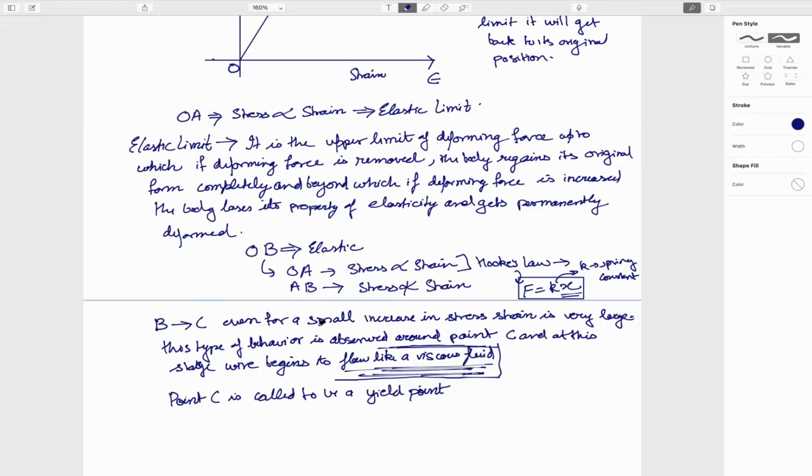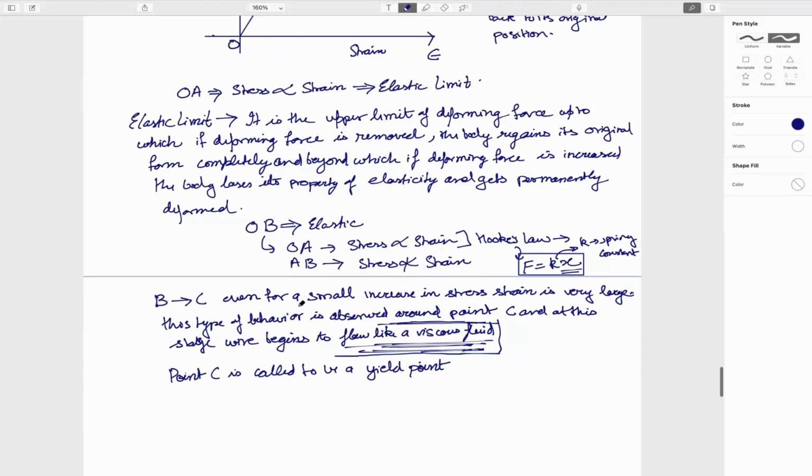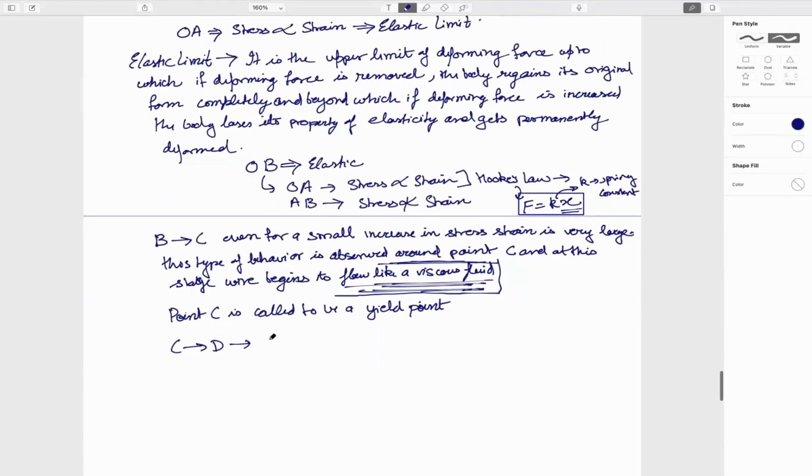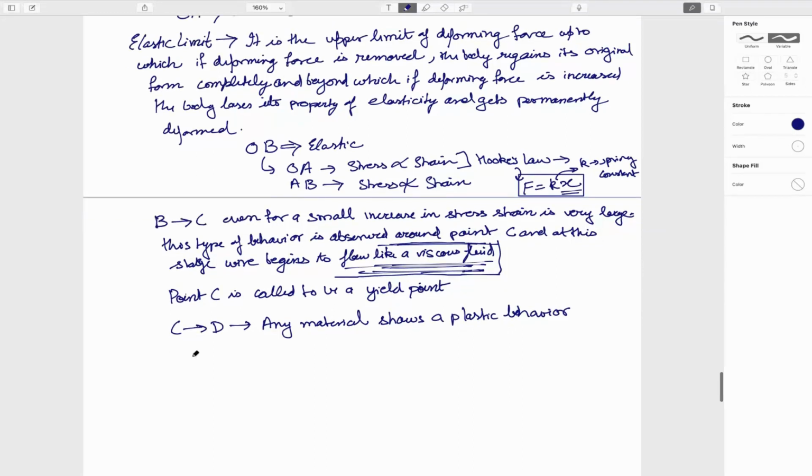The body on which the stress is generated loses its elastic limit after point B, and C is called the yield point. Why is C called the yield point? Because from C to D, any material shows a plastic behavior. So B to D is called the plastic region.